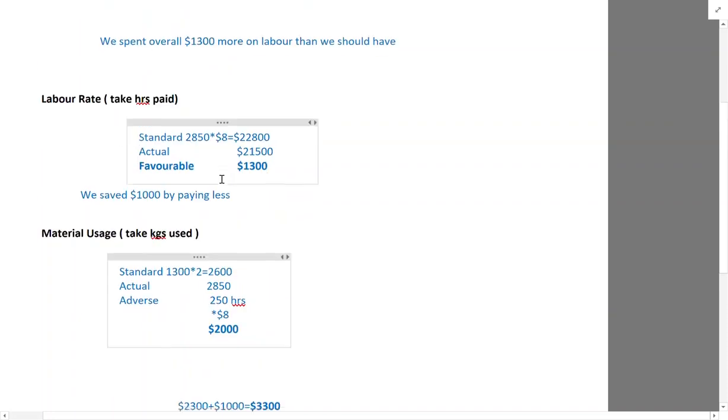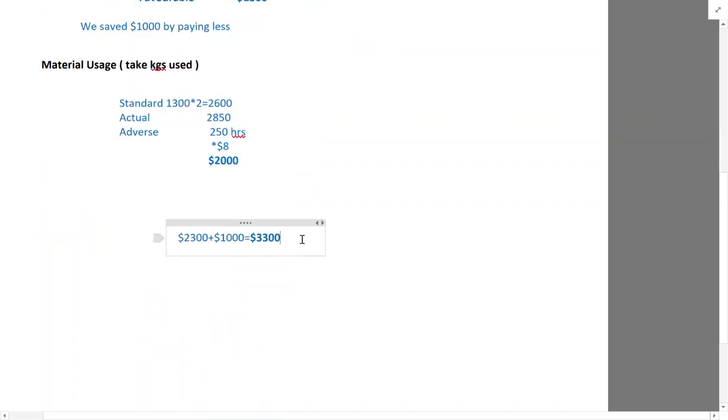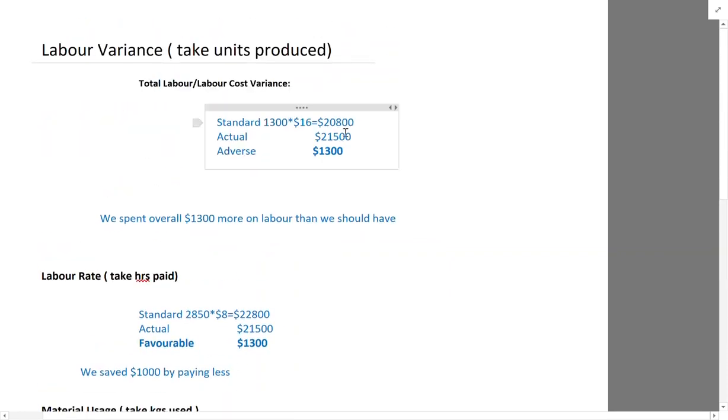And 2000 adverse. Yeah? So 1300 favorable plus 2000 adverse. Minus. Gives us 700 adverse. The top should also be 700, yeah?